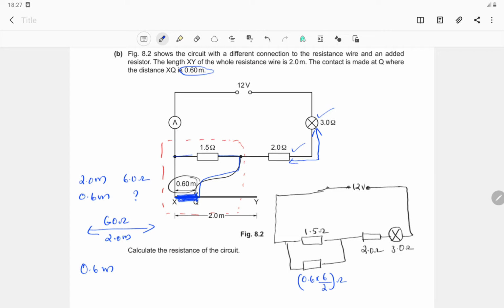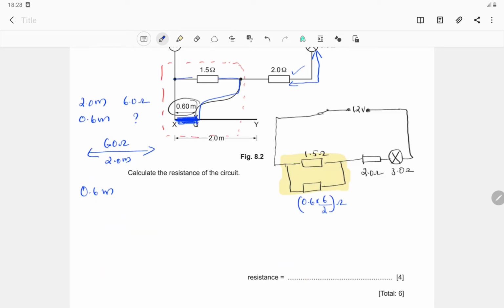So initially we can find the resistance of this parallel combination. This part makes a parallel combination. So initially you can find the combined resistance of the parallel combination, that I am representing as Rp. You can do it in the given space. There are 2 equations you can use to find the total resistance of resistors in parallel combination.